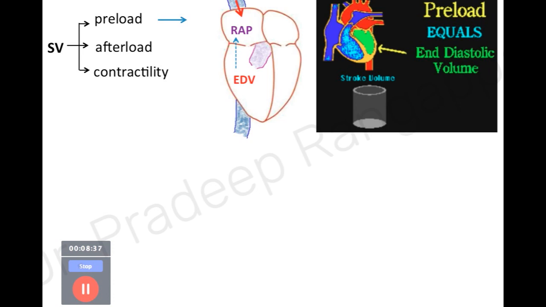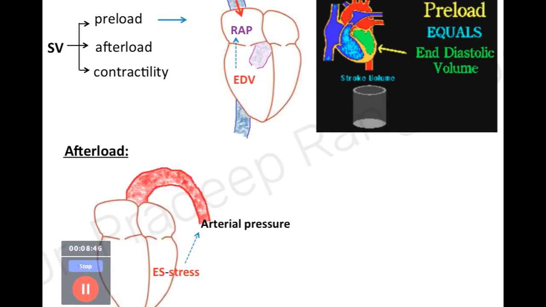And as you see, preload is pictorially depicted as end diastolic volume. How effectively your venous return is happening determines the preload. And what is afterload? Afterload is simply end systolic left ventricular wall stress that has a direct bearing on the arterial pressure in the aorta. It is basically the pressure against which the left ventricle has to contract, and the stress that it has to generate for the blood to be thrust out into the aorta represents afterload.